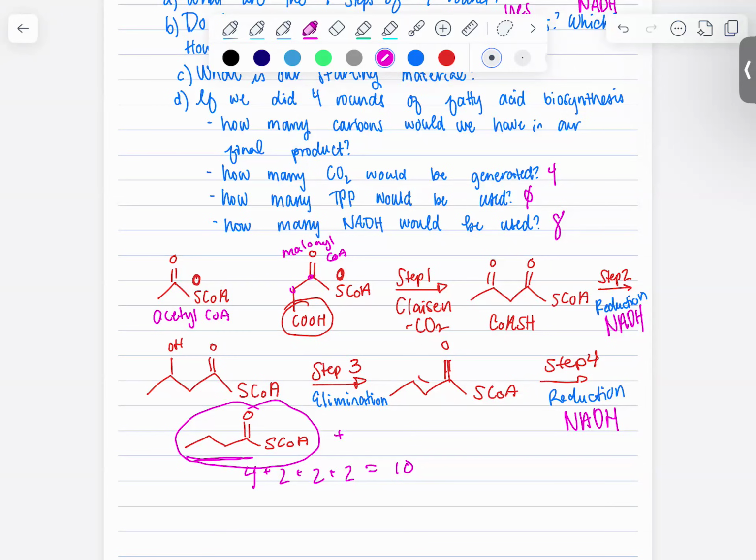But you're either adding malonyl or acetyl. So you'll add 1 more. Yes, basically just every additional round adds 2 more carbons and uses 2 NADH.